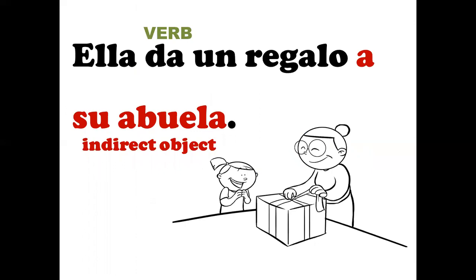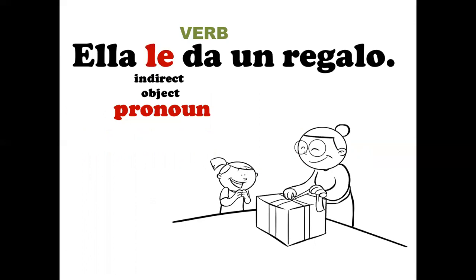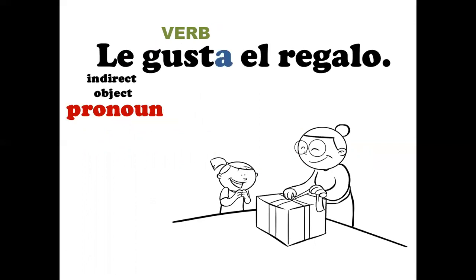So we've got the indirect object in the regular sentence. Ella da un regalo a su abuela. Su abuela is the indirect object. The gift is given to her, which makes her the indirect object. And we replace it with le. If we want to replace su abuela with to her, ella le da un regalo.